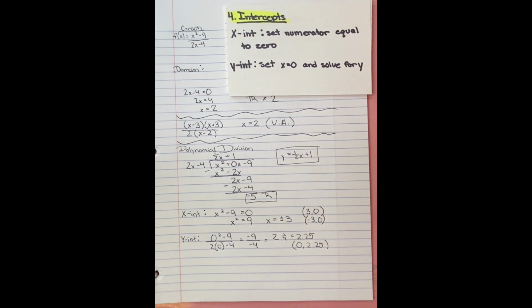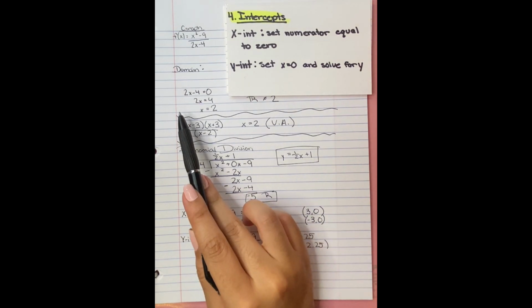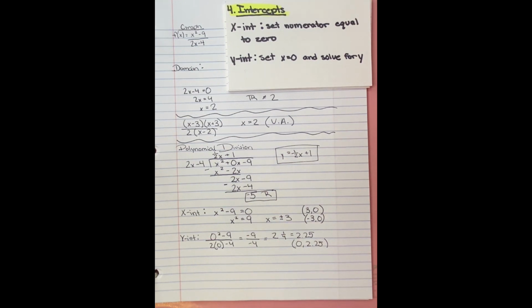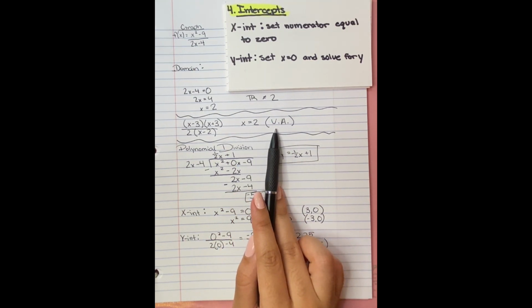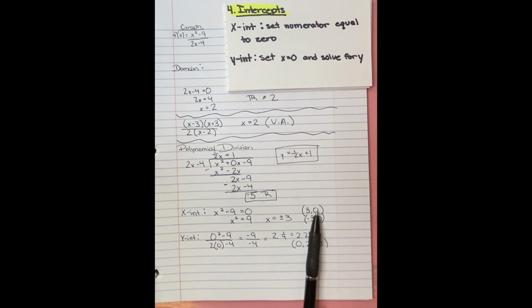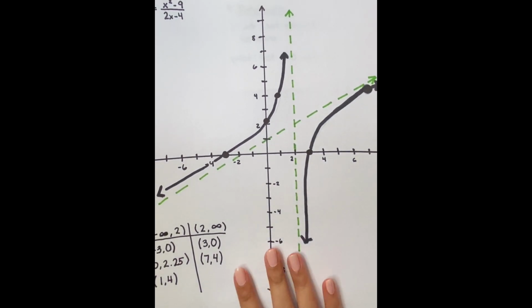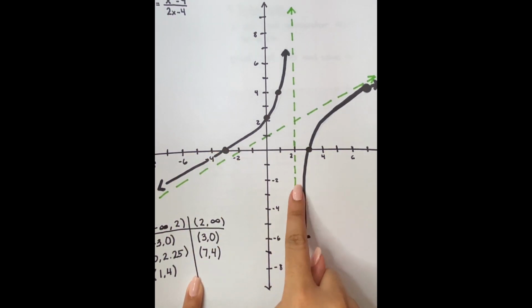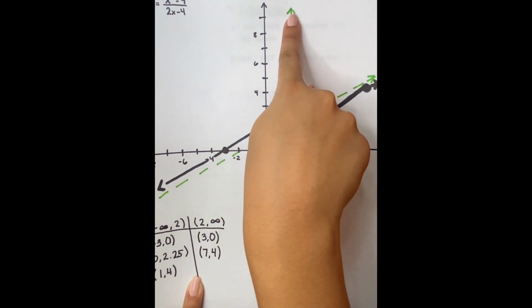So now we can take a step back and look at all our information. Our domain is going to be all real numbers except for 2. We're going to have a vertical asymptote at x equals 2, a slant asymptote at y equals 1/2 x plus 1, an x-intercept at 3, 0 and negative 3, 0, and then a y-intercept at 0, 2.25. Using this information, I previously graphed our equation. We can see our domain of all real numbers except for x equals 2.